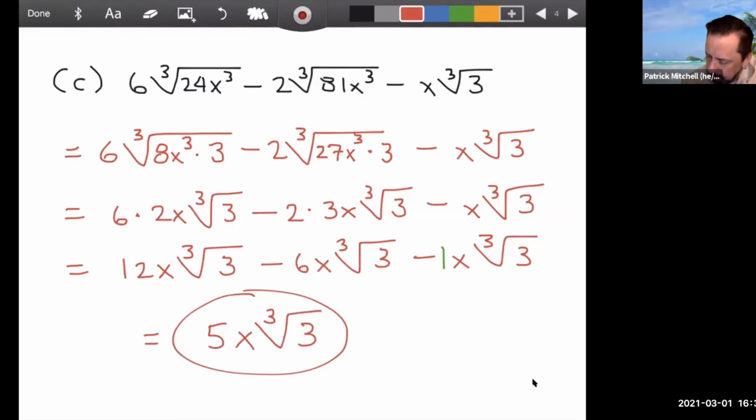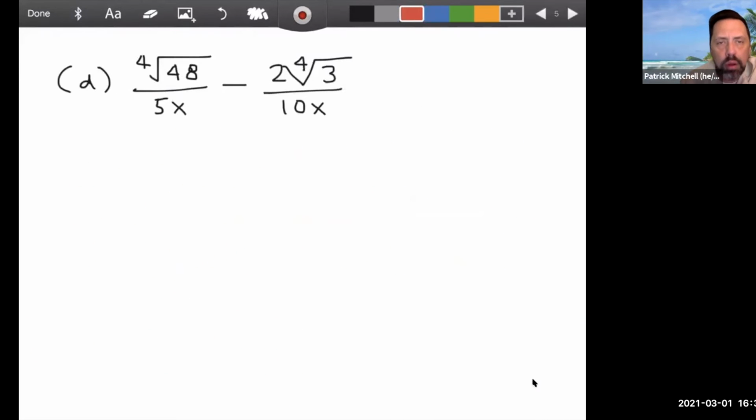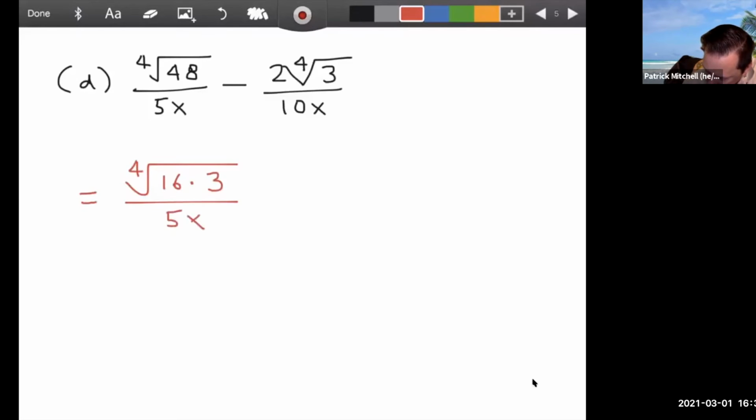All right, one more. The fourth root of 48 over 5x minus 2 times the fourth root of 3 over 10x. All right, so let's simplify those fourth roots. 48 is not a perfect fourth power, but it does have a factor that is a perfect fourth power. That's 16. So we'll write this as 16 times 3 over 5x.